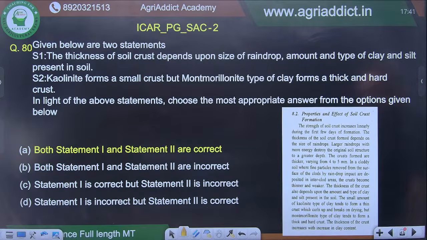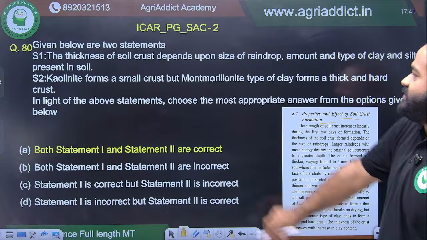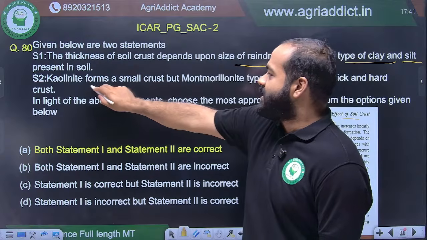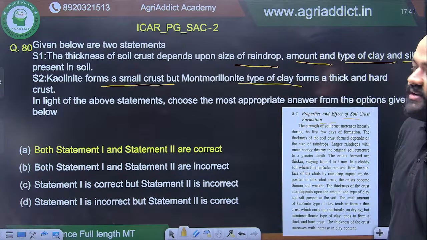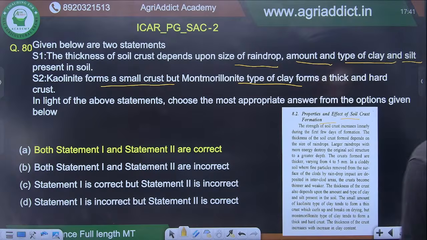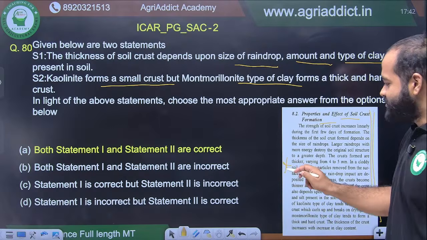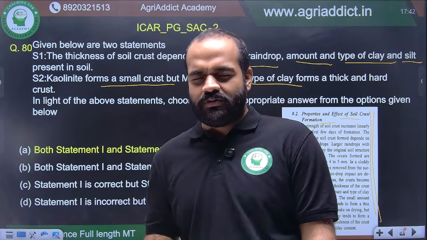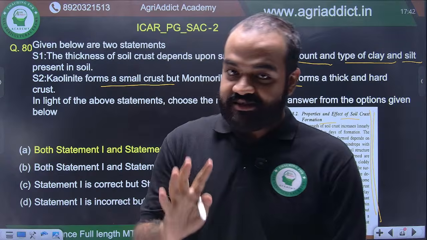This is very easy. So properties and effect of soil crust formation. We all know that thickness of soil crust depends upon size of raindrop, amount and type of clay and silt present in soil. Kaolinite forms a small crust, but montmorillonite type of clay forms a thick and hard crust. All this is written here. You should read it. But for crust, I would suggest you read from Treatise, because both old ISSS and new ISSS do not have it so well. In Treatise it has been given very well.